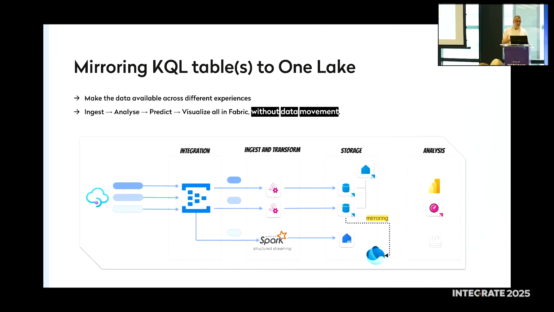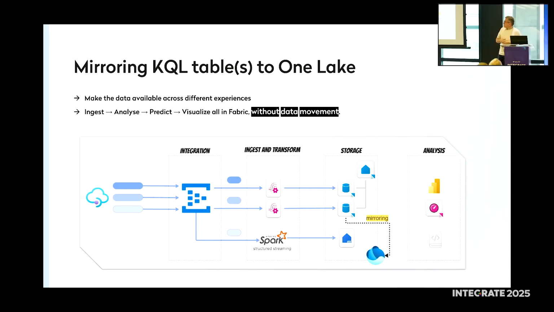They maybe are good with these wonderful Python notebooks. That's why in Fabric we can mirror a full KQL database or a single table into OneLake. In that case, we can do our ingestion, analysis, prediction, and so on, with a single experience without doing any data movement.